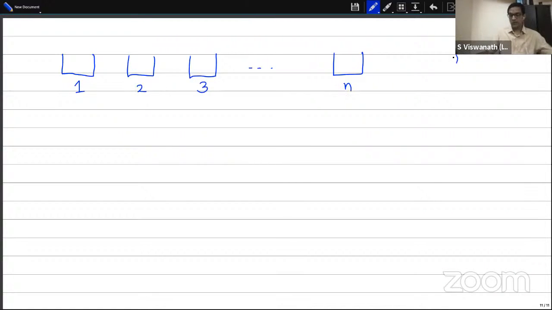So the boxes are all different because they all have labels on them. I know I can distinguish the boxes. So n labeled boxes are given, and I want to put r identical balls into these boxes. Okay, n labeled boxes, number of ways of putting r identical balls.